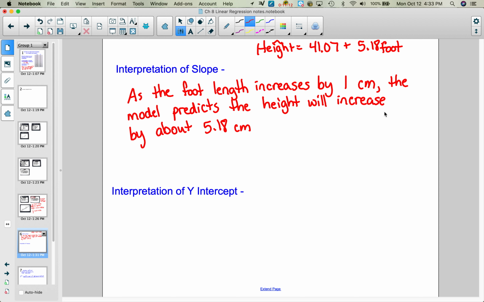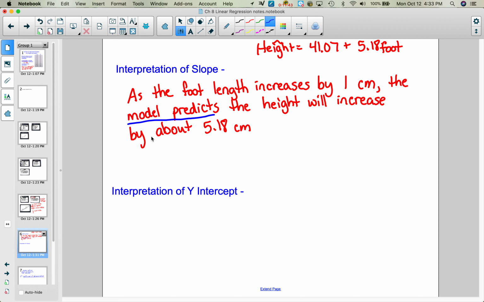Okay, so you want this on your interpretation of your slope. You have to make sure you are able to interpret the slope in context. Some of the things that you really want to make sure that you include is this idea, the model predicts. Communicating, don't say as the foot length increases by 1 centimeter, the height will increase by 5.18 centimeters. That sounds like it's a sure thing, and it's not. This is what the model predicts. Might be right, might not be.